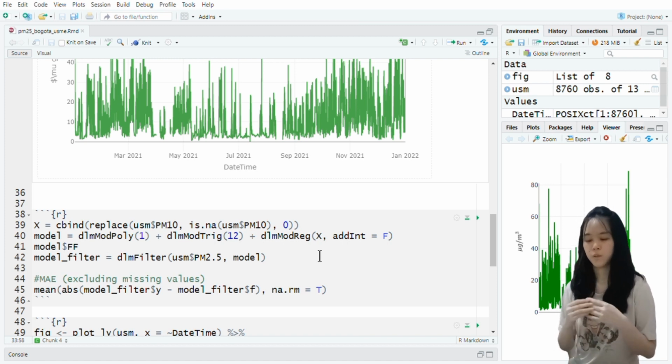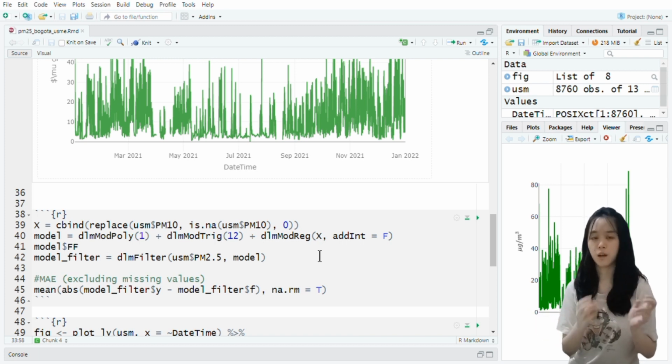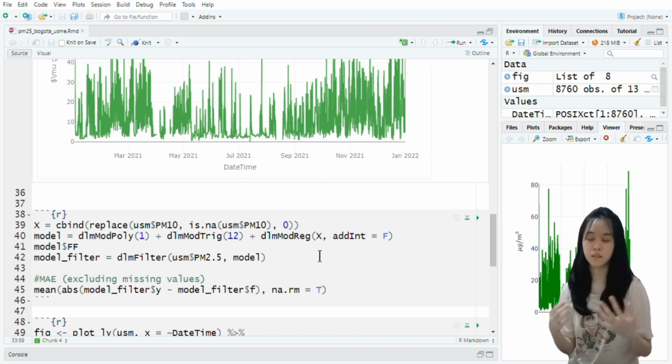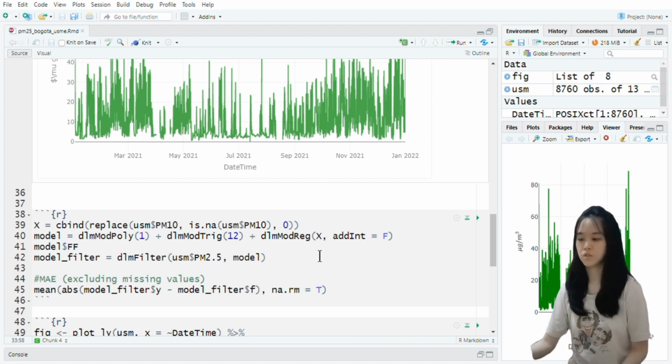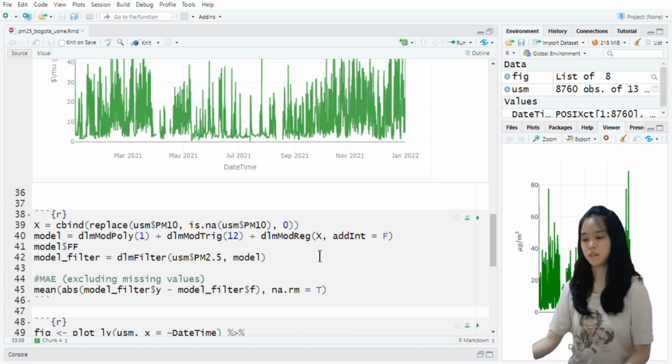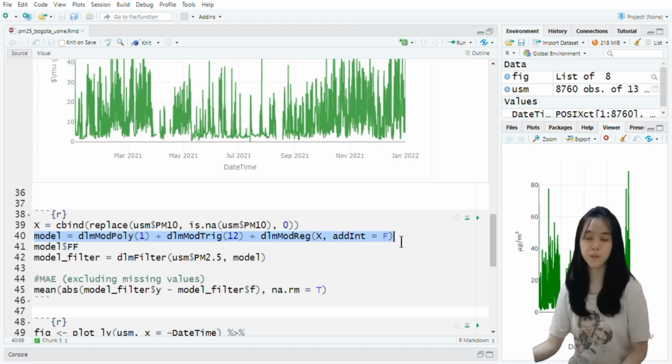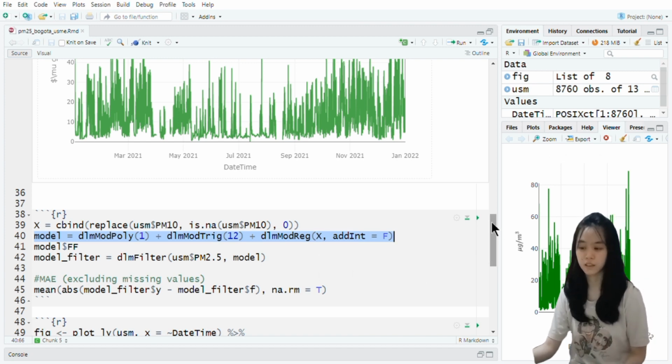And it's called linear because we can just add the basic models which capture every component in a time series. So basically, the model that we're going to use is made in only one line, which is this line 40. It only takes one line to make the model that we need.